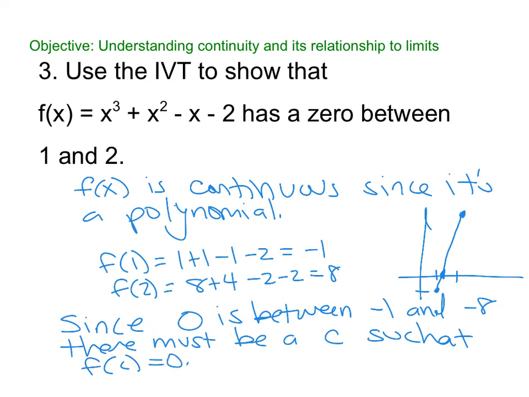That's it. Make sure you say continuity. Make sure you talk about 0 being between the two y values. And then just say there has to be a c such that f of c equals 0.